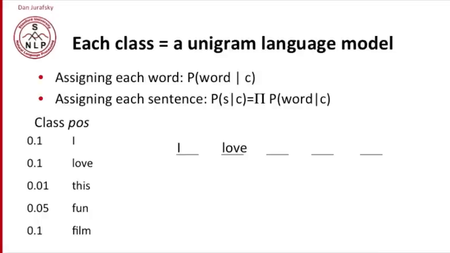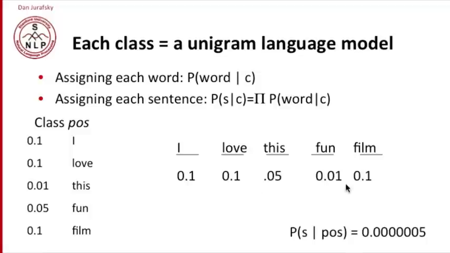I generate some words. I love this fun film. And naive Bayes is assigning that sequence of words a set of probabilities, one for each word from the class, 0.1, 0.1, 0.05, and so on, so that if we multiplied all these together, we can get a probability of the sentence. So naive Bayes, each class is just a unigram language model conditioned on the class.